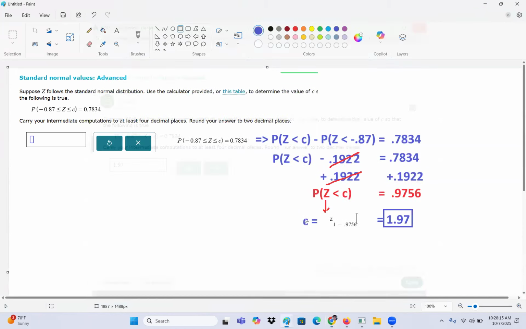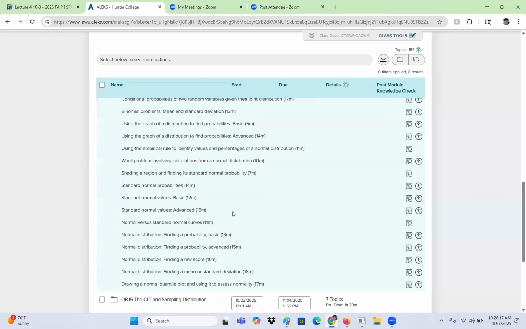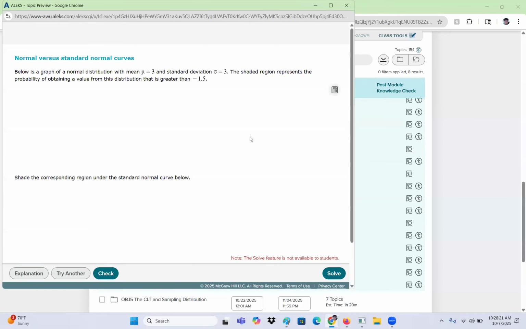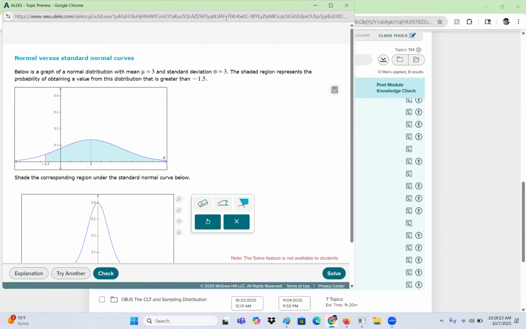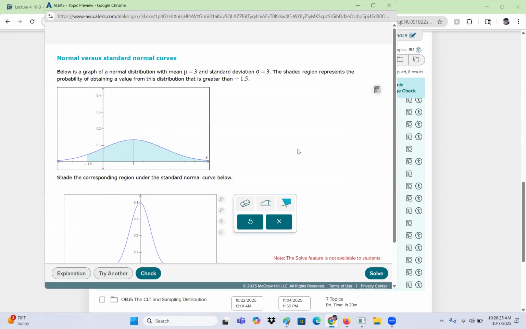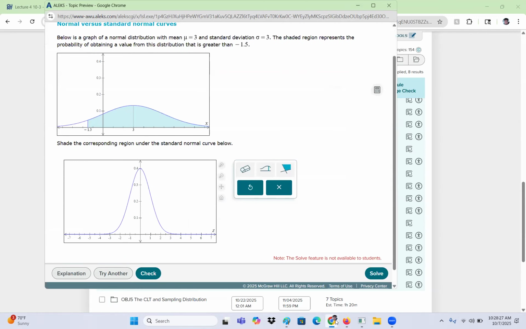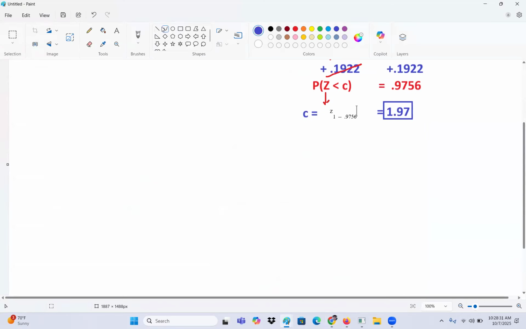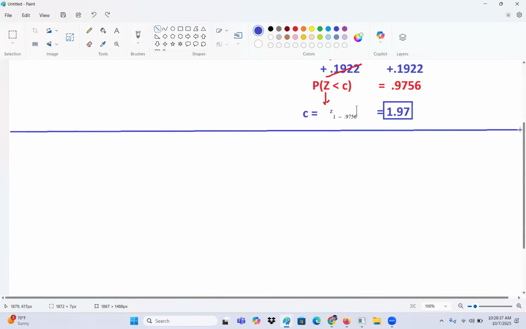All right. So I believe that's pretty much what we have. And now we're going to go to the standard normal curve compared to the normal curve. One of the two is taken as the negative, and the other one is taken as the positive. Why is that?